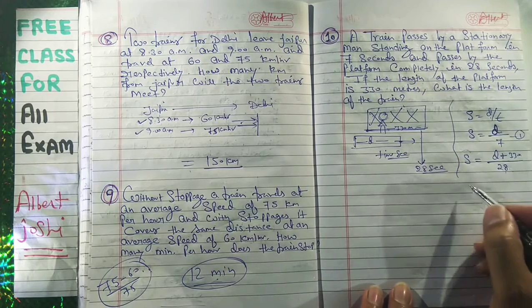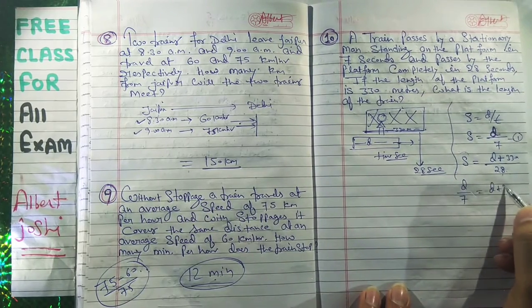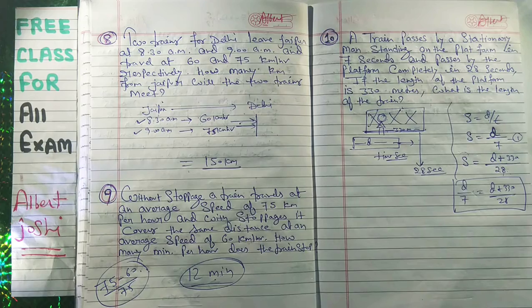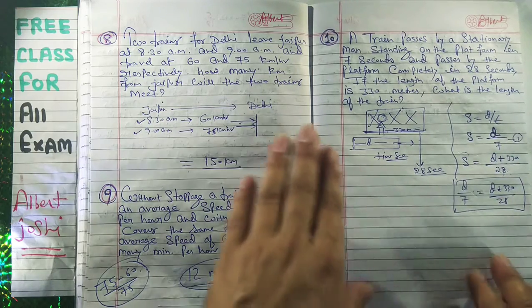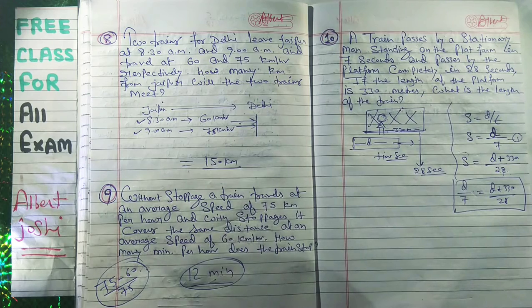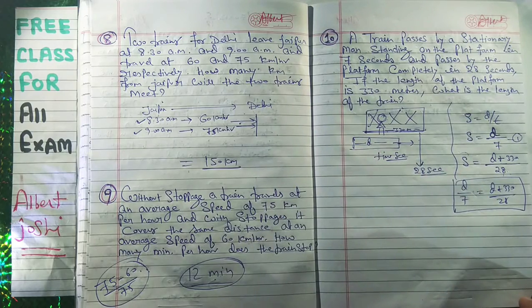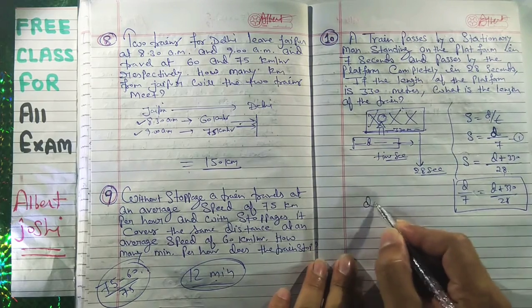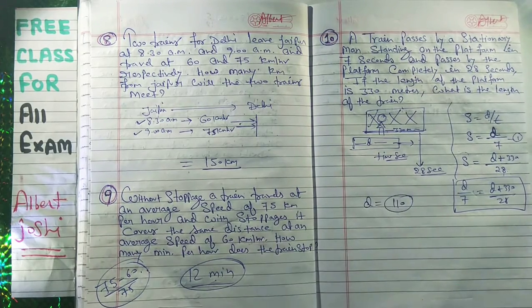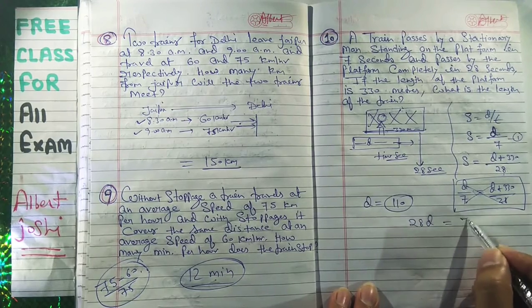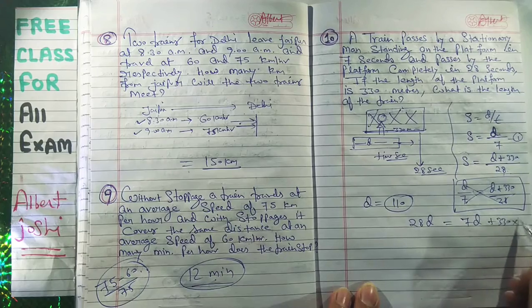Now you have to calculate both. Your d upon 7 is equal to d plus 330 upon 28. Now you can calculate the value of d. Very simple. Within 2 or 3 seconds, by the help of logic, you can calculate. Once you have got d, then you can also calculate s. So 28d is equal to 7d plus 330 into 7.